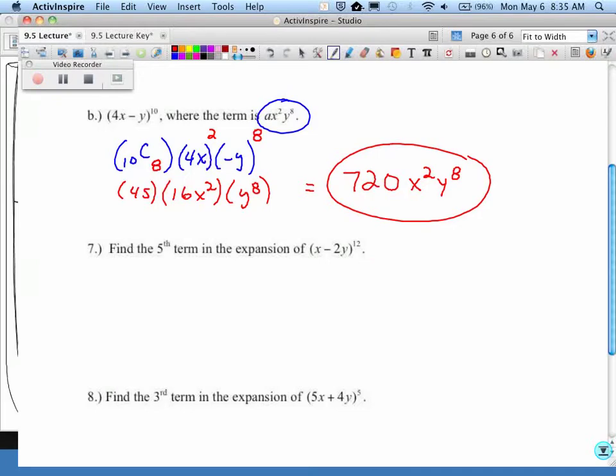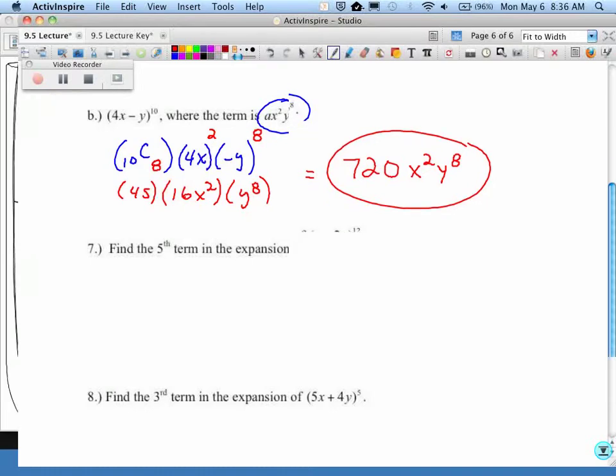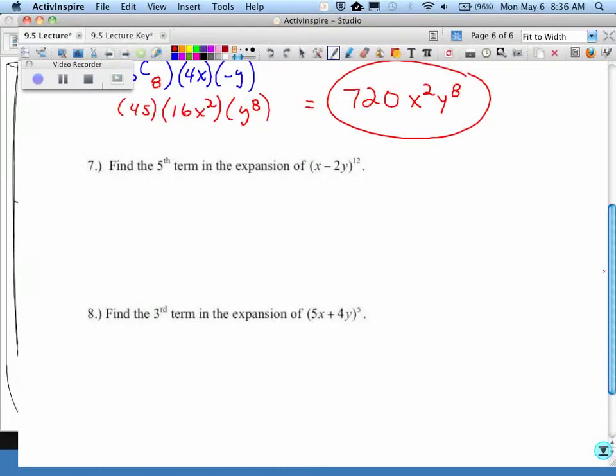All right, you're going to find the 5th term with somebody sitting near you. Do the same work, but the 5th term. Now, some of you may do, let me just do this one with you. The 5th term: x to the 12th, x to the 11th, x to the 10th, x to the 9th, x to the 8th. 1, 2, 3, 4, 5.